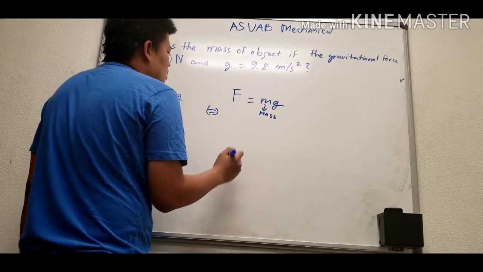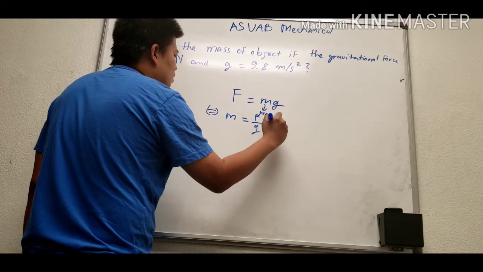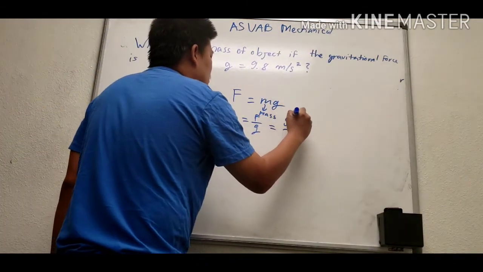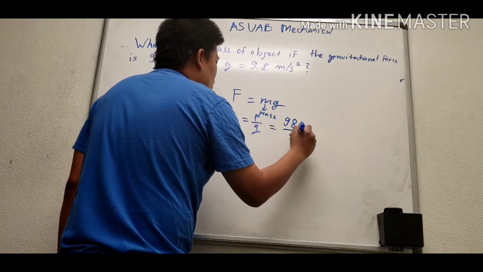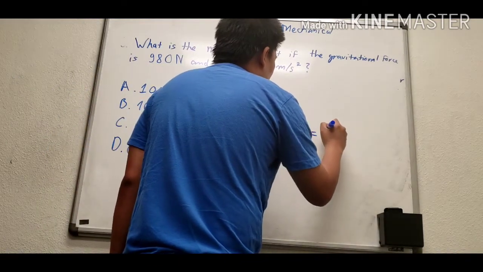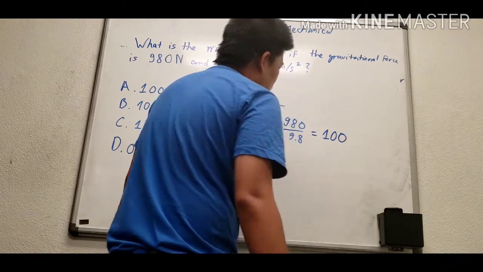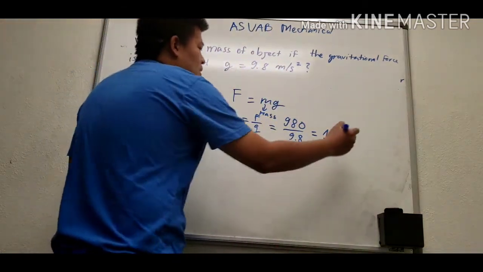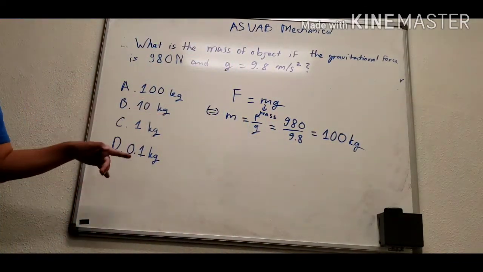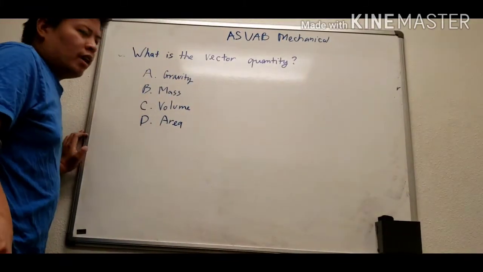So we have m equal to F divided by g. F we have 980 Newton divided by 9.8. So we have about 100 kilograms. So the answer for this question is about 100.